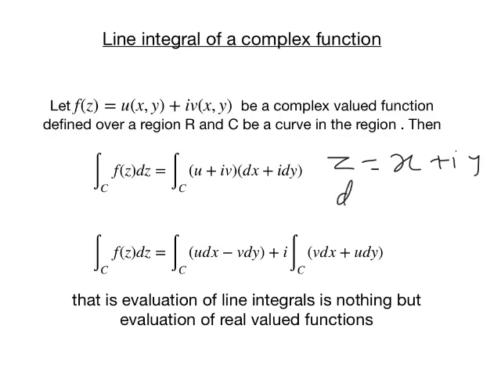So your dz will be equal to dx + i dy. Thus the integral of f(z) dz is equal to the integral of the real terms plus i times the integral of the imaginary terms. In other words, the evaluation of the line integrals will be nothing but the evaluation of real valued functions.